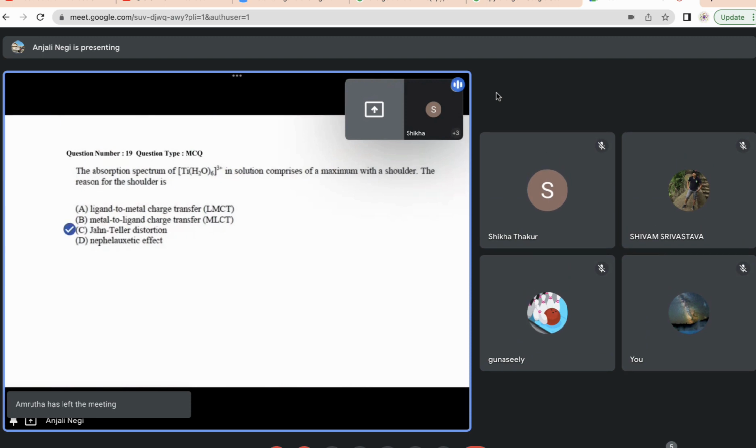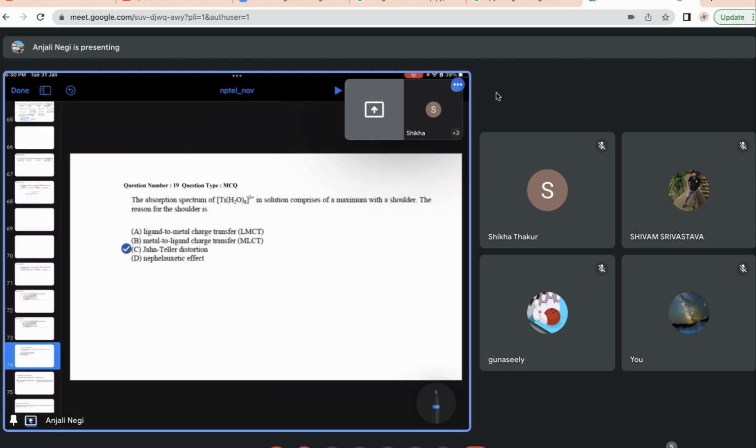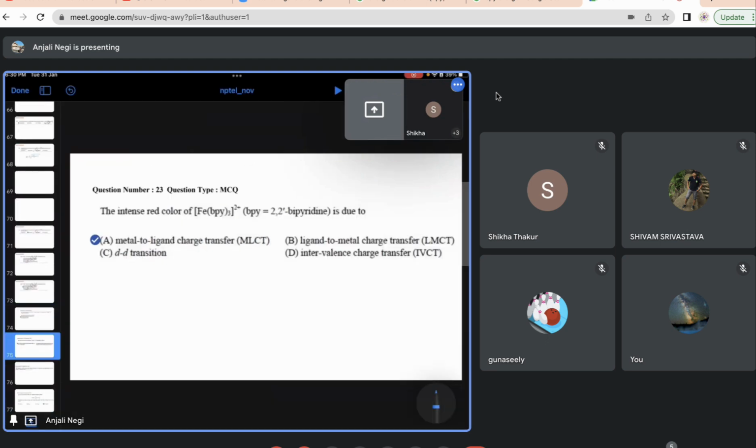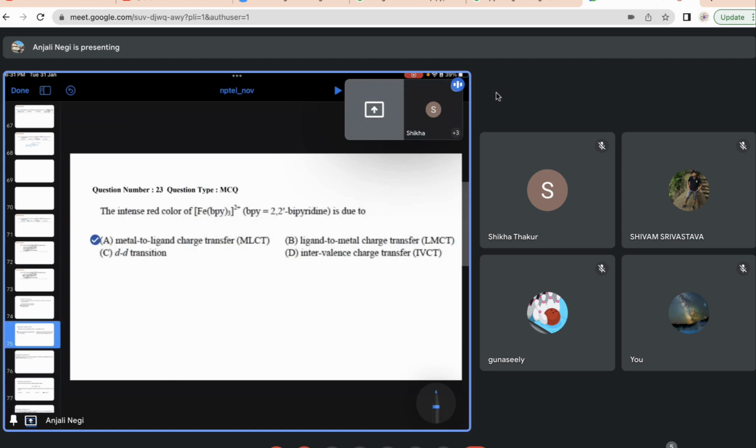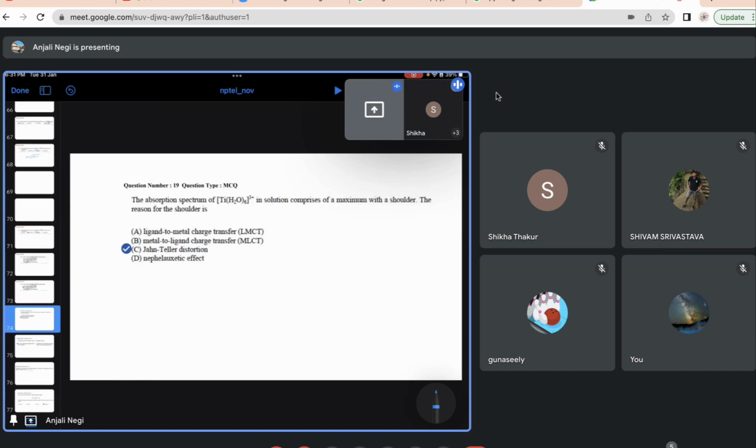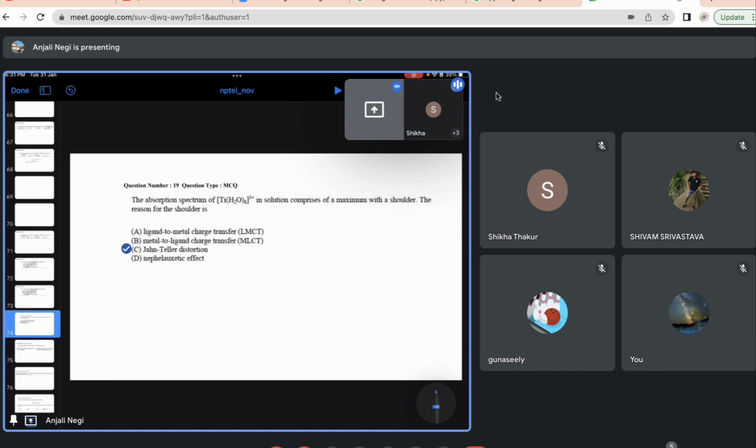So option number C, that is Jahn-Teller distortion, is the correct answer for this problem. If you don't have any doubt in this, I will move to another problem.